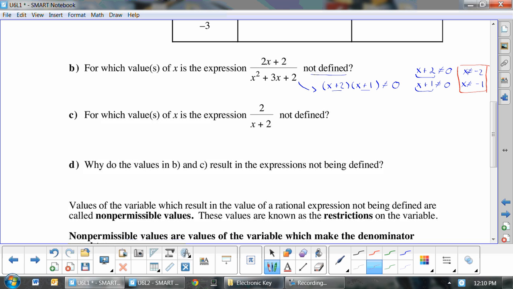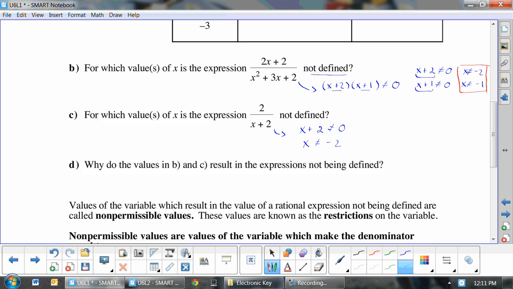Got it? Okay, perfect. And then for this one, you can do it the same way. So you go x plus 2 cannot equal 0, x cannot equal -2. Well, x can be basically anything except our non-permissibles. Based on what we know, it can be anything except those.